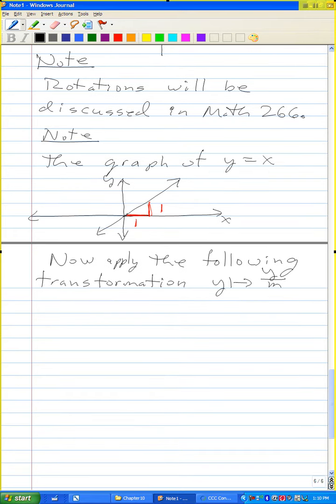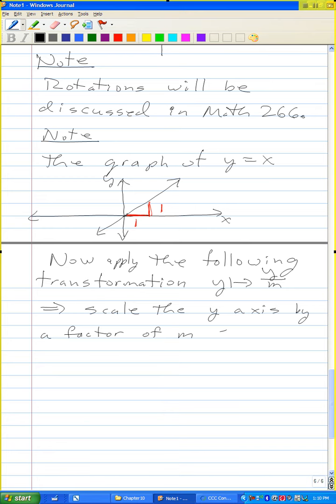And so if I do that, then it says that I should scale the y-axis by stretching by a factor of m. Actually, I don't know if it's stretching or compressing because it depends on if m is greater than 1 or less than 1.